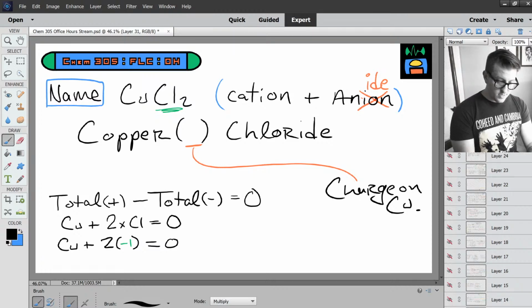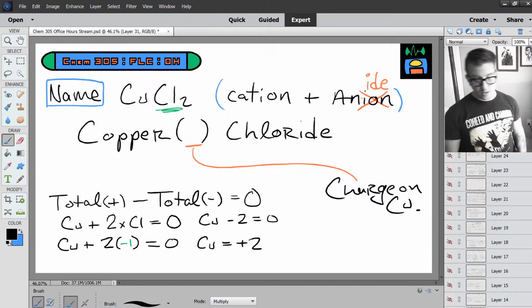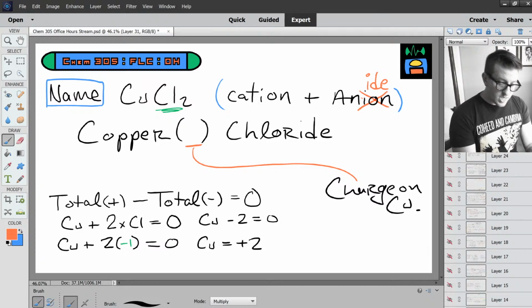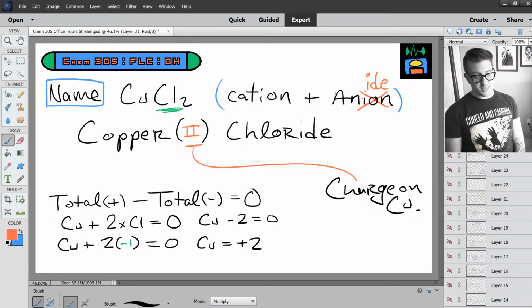This means that copper minus 2 equals 0. And so when you solve for the charge on copper, copper will have a charge of +2, and that's why we put a 2 in the parentheses.